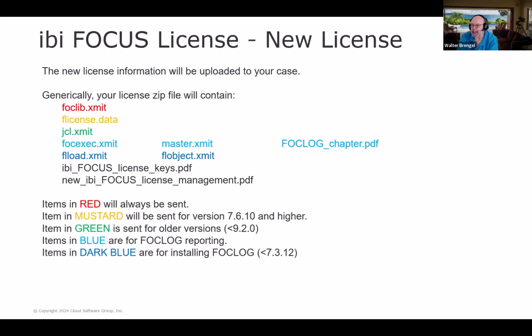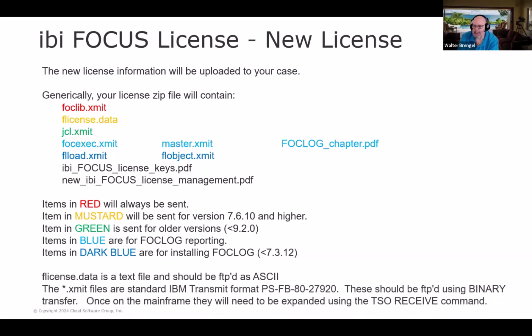And then the PDFs are instructions. The IBI FOCUS license keys document talks about the new structure, and the new license management document talks about how to apply them, which is basically what we're going over here. The flicense.data is a text file and should be FTP'd as ASCII to your mainframe.